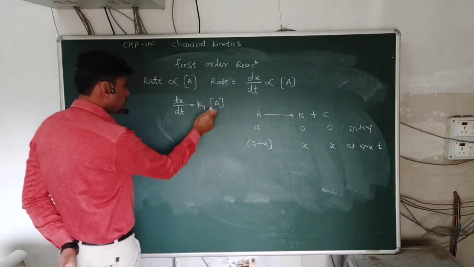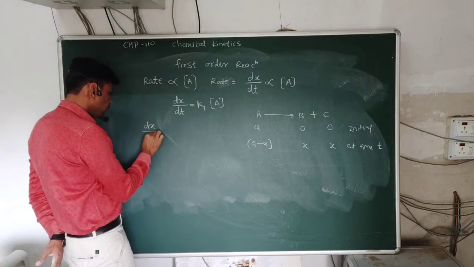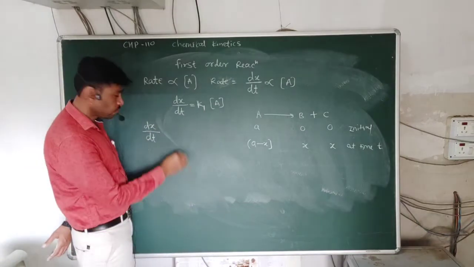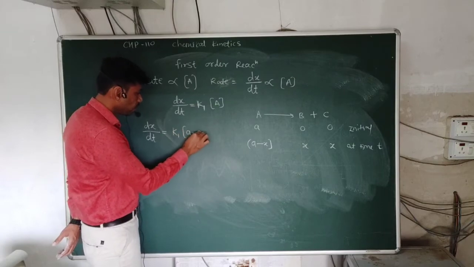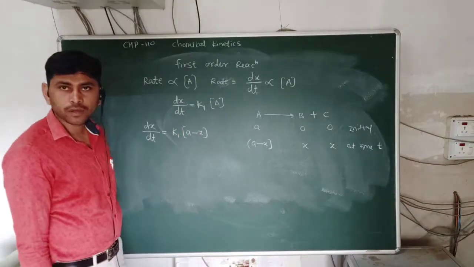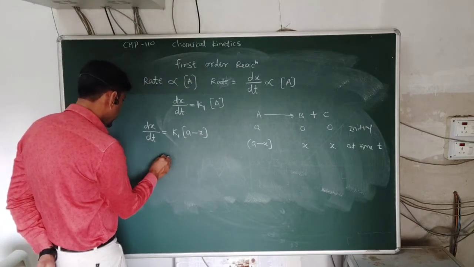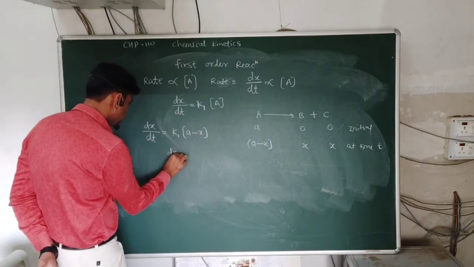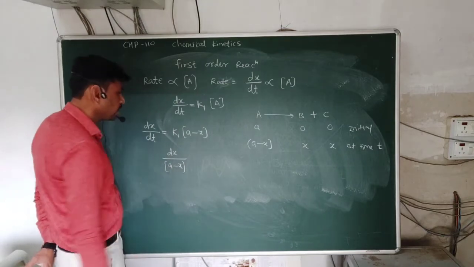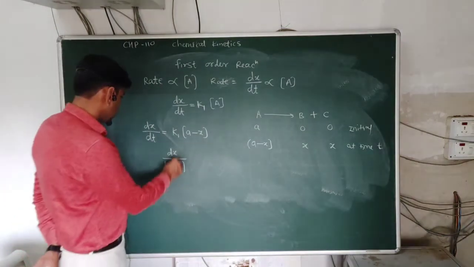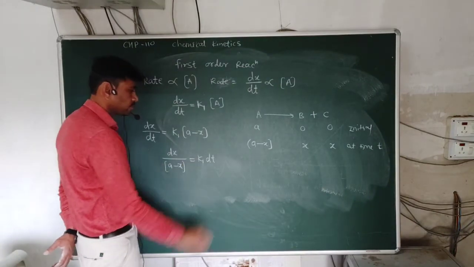So at time t, we can write dx by dt equal to K1 into (A minus x). If we rearrange this equation, we can write dx upon (A minus x) equal to K1 into dt.